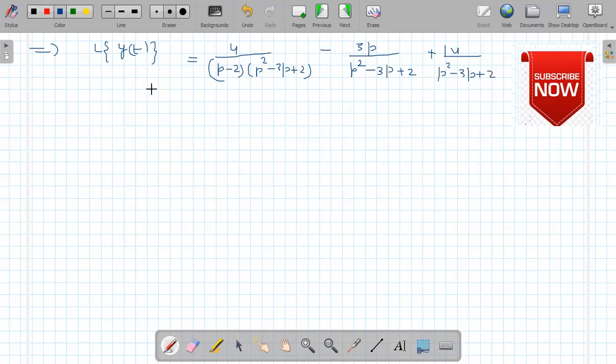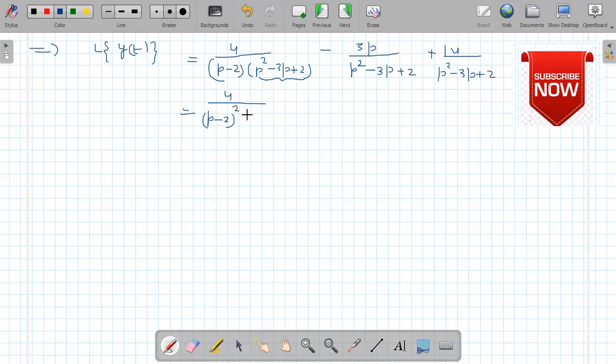Okay, and now we do the factors of this. So we have (p minus 1) into (p minus 2).